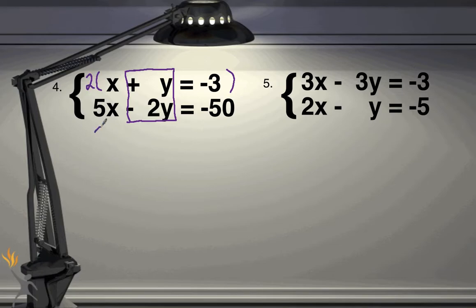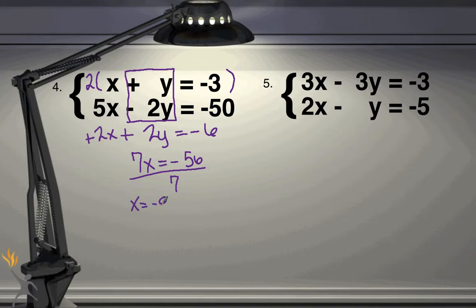So 2x plus 2y equals negative 6. Now I'm going to put all this stuff together, and I'm going to add all of it together, and I'm going to get 7x equals negative 56. So now, dividing both sides by 7, x equals negative 8.